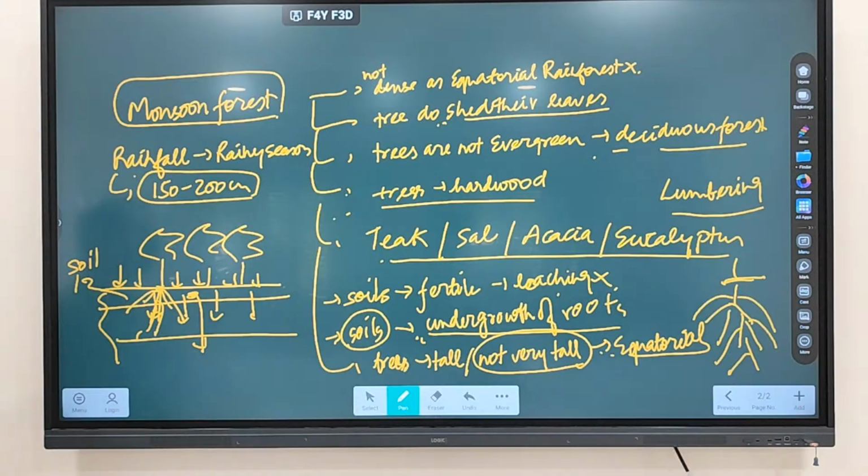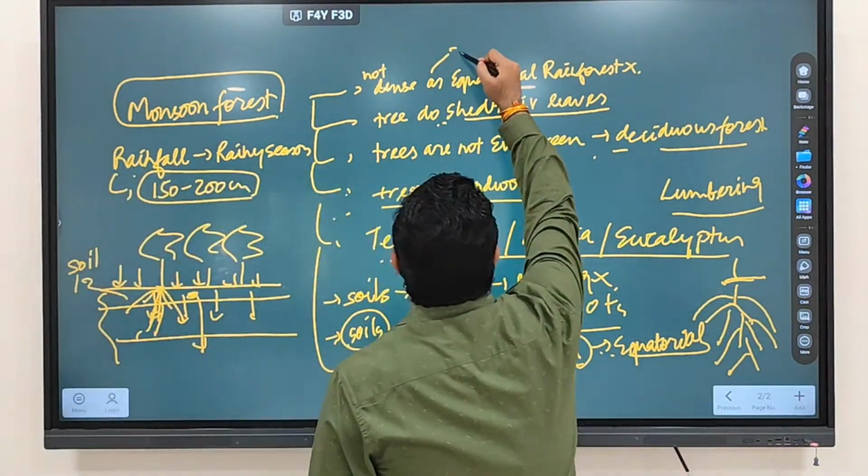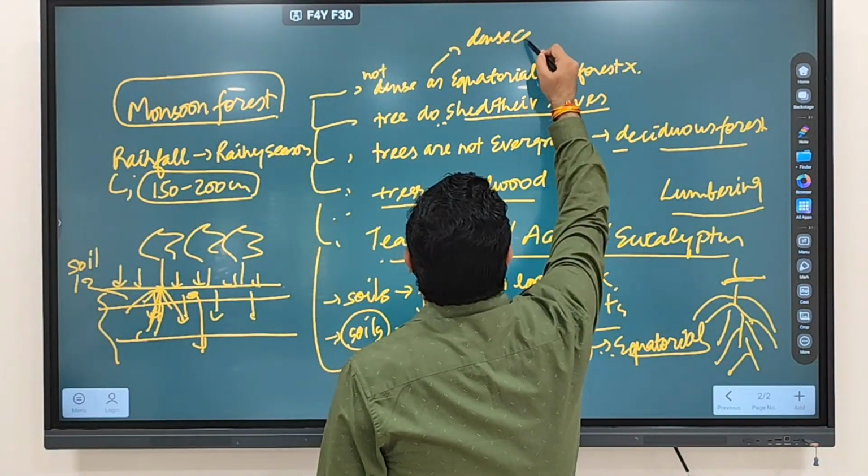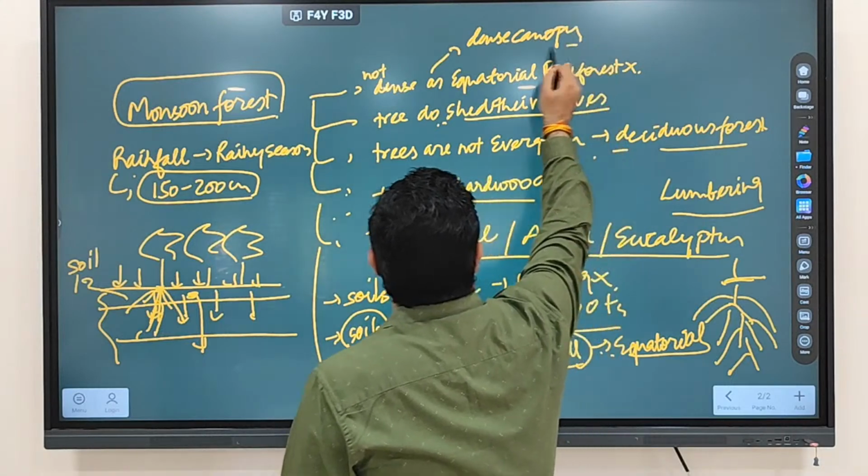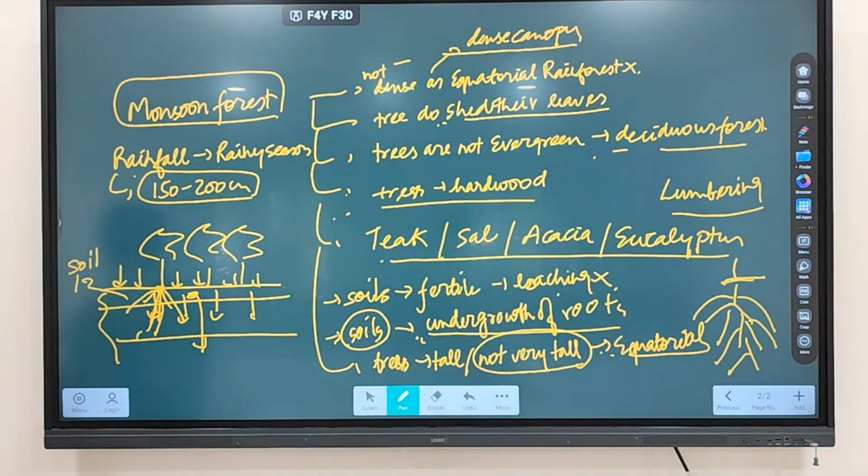Neither are you going to find dense canopy like we discussed in the equatorial region. So no epiphytes. You don't find epiphytes in this particular region. Clear? Any doubt regarding this one?